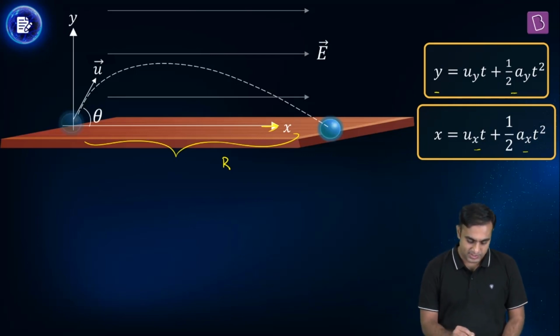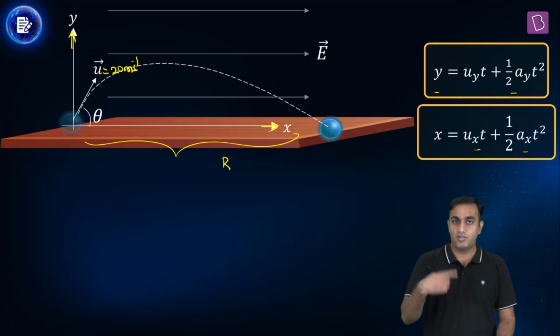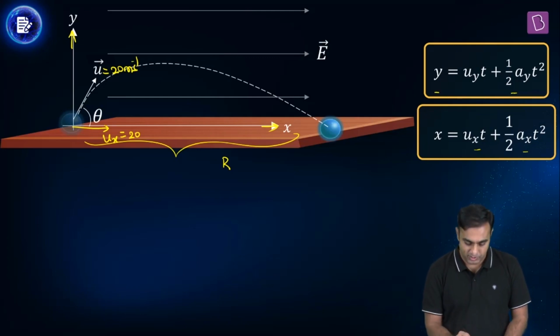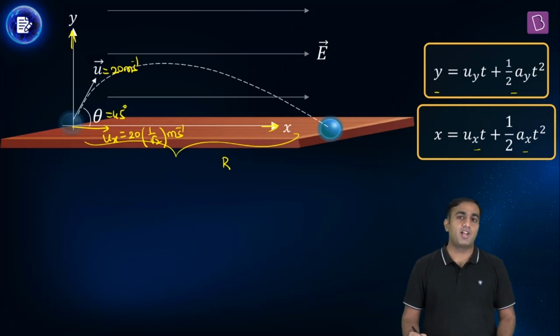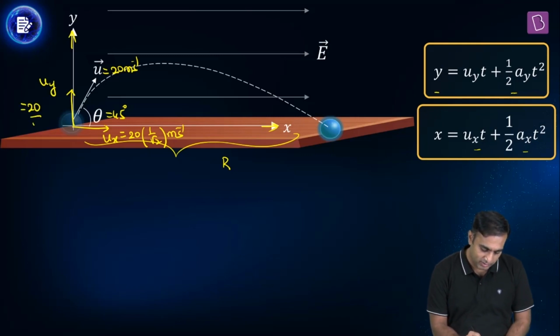Taking this as x-axis and this as y-axis, you can take u, which is 20 meter per second in magnitude, and resolve it into u_x, which is 20 cos 45 degree, because this is 45 degree. How much is it? 20 into 1 by root 2 meter per second. And u_y, the component along y-axis, turns out to be 20 by root 2 meter per second as well.